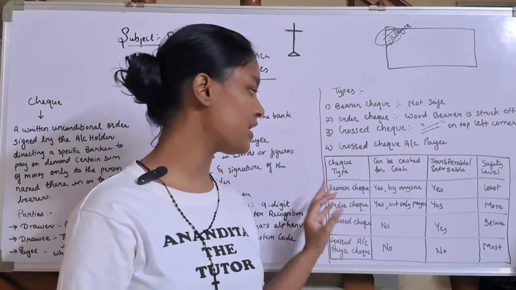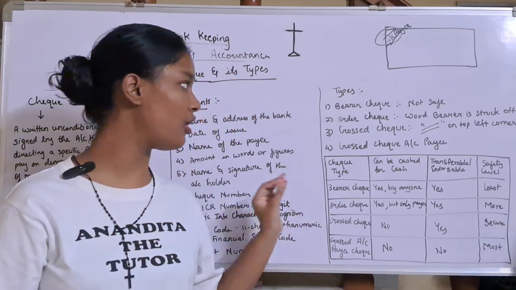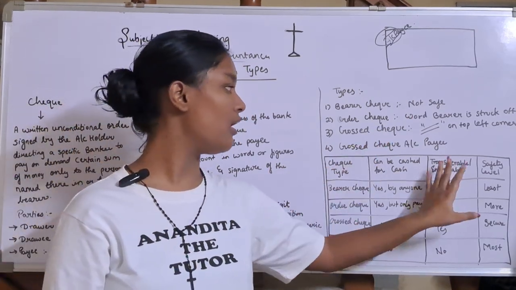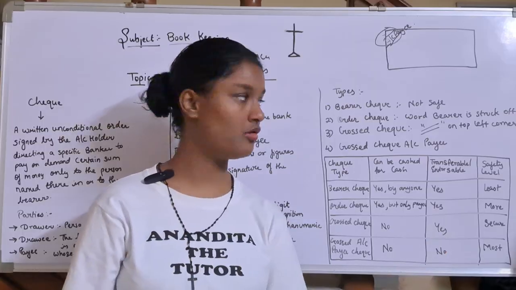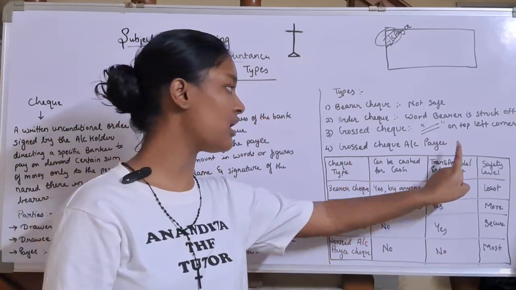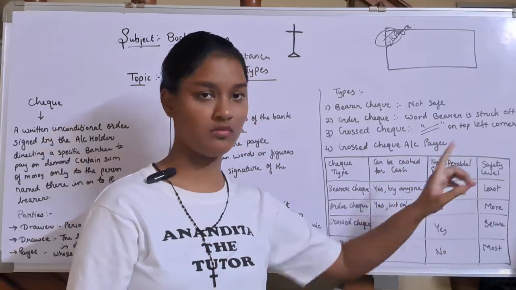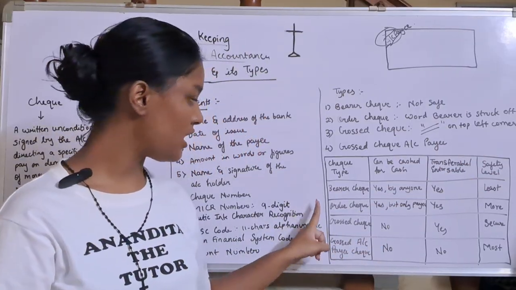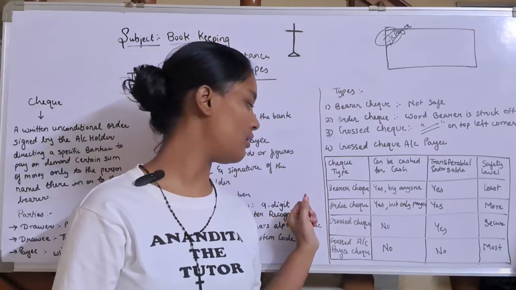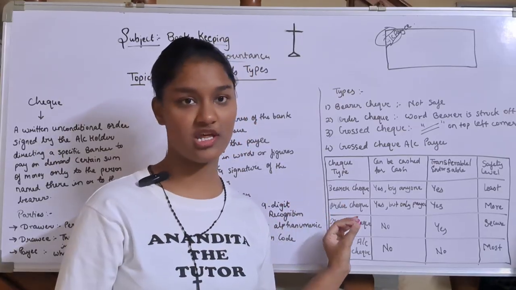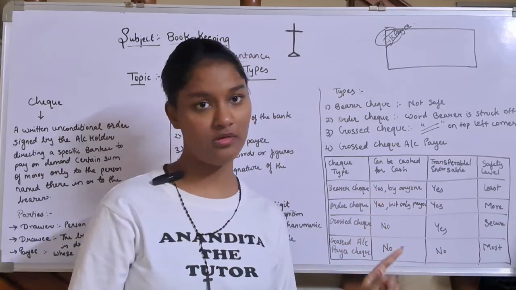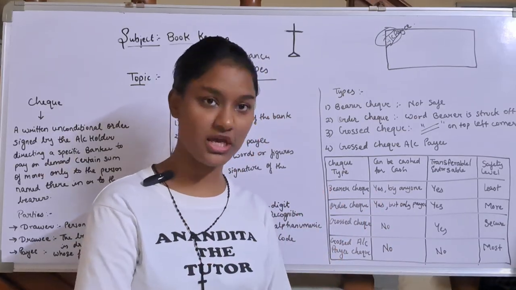If it is crossed, then it becomes an order cum crossed check, or order cum crossed account pay check. Now, if it is not crossed, then it is called an order check. It cannot be called a bearer check. A bearer check has the word bearer, an order check does not have the word bearer.